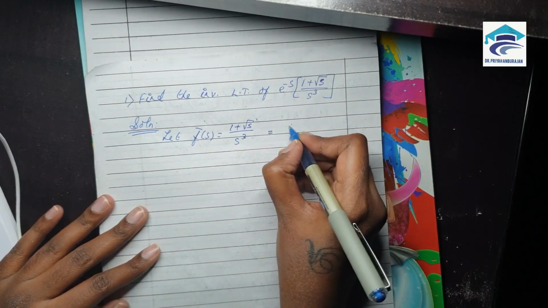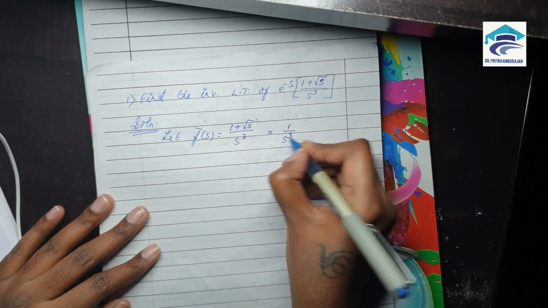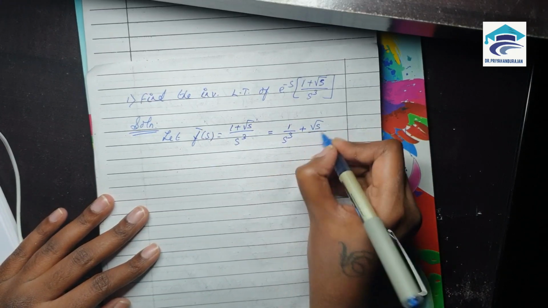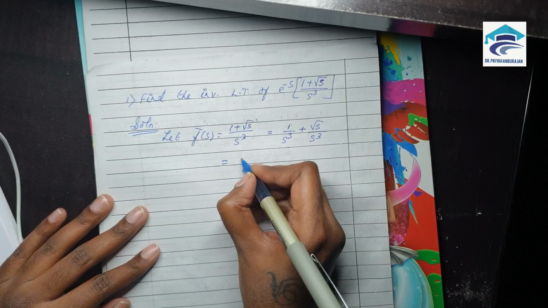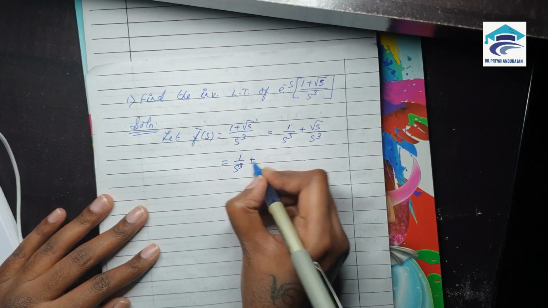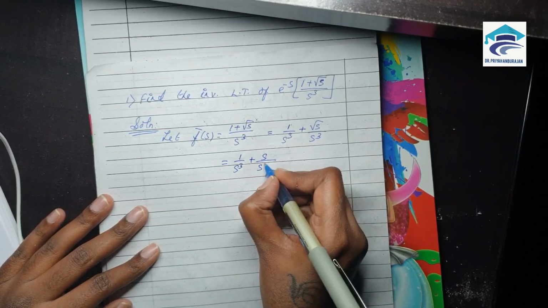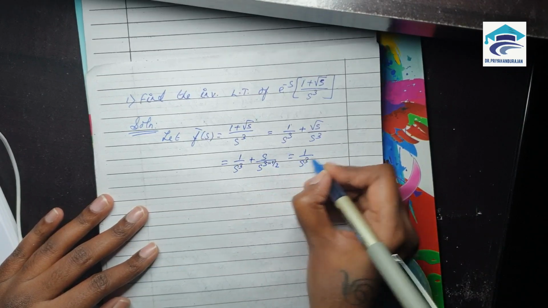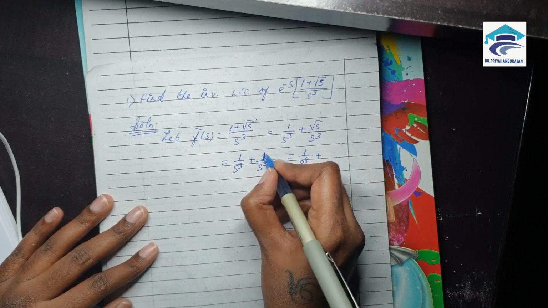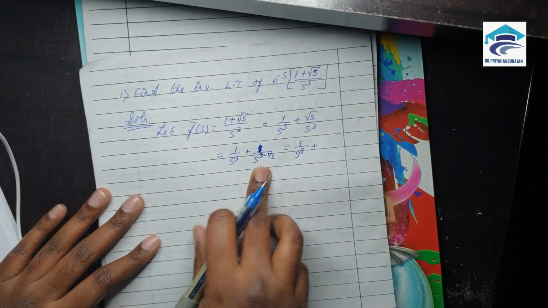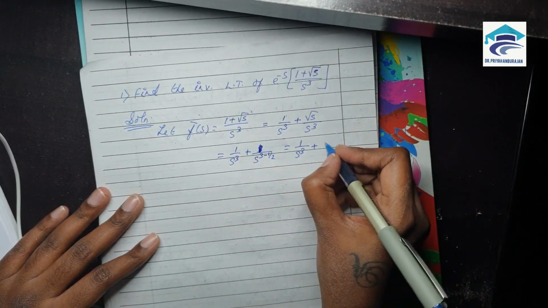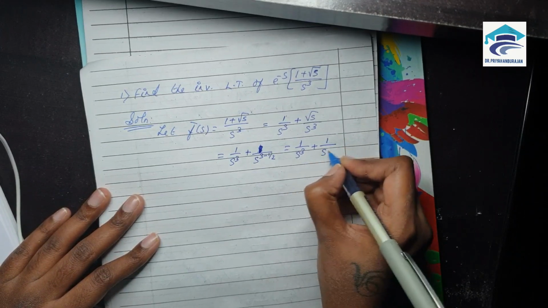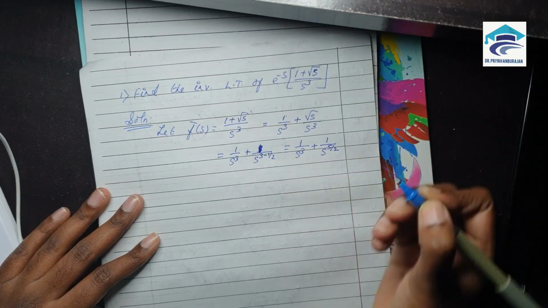This term can be written by splitting it: 1 by s cube plus root s by s cube. This is equal to 1 by s cube plus s to the power 1 by 2 by s cube, which is 1 by s cube plus 1 by s to the power 3 minus 1 by 2, so this is 1 by s to the power 5 by 2.